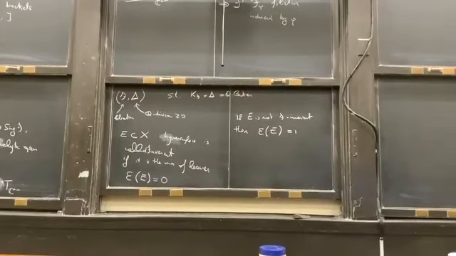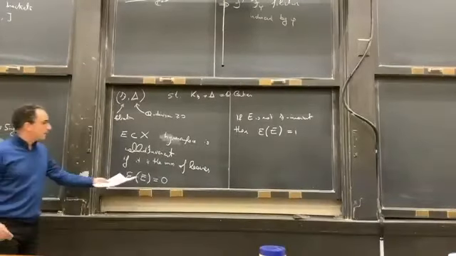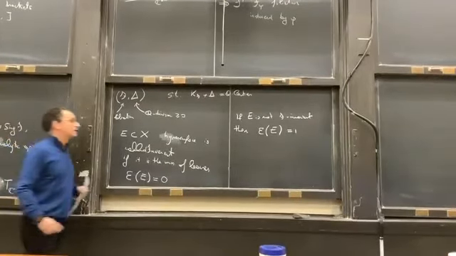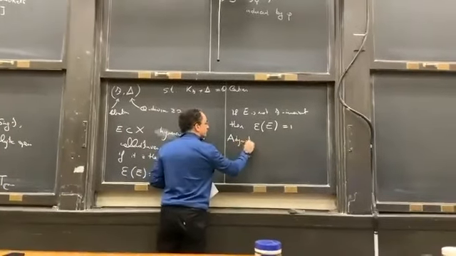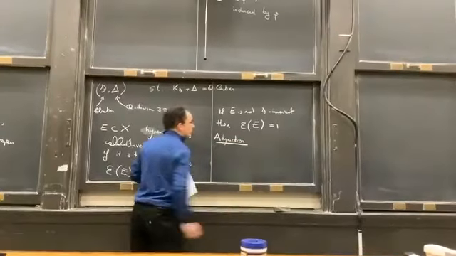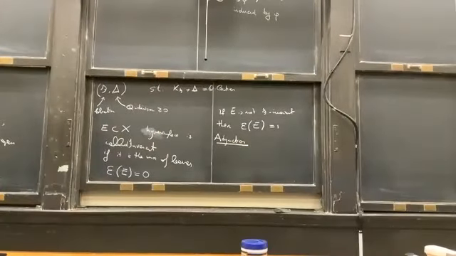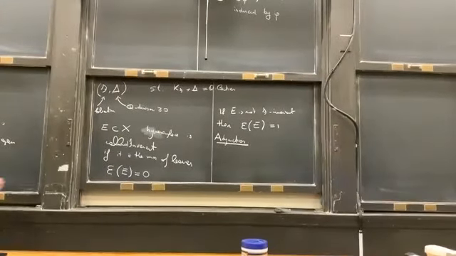So maybe let me just do it now. Why do we care about this number, and why does the singularity depend on this number? So the main reason is adjunction. Actually, probably the only reason is adjunction. So let's suppose we live in a nice world. Of course, you can do it in a much more general context.